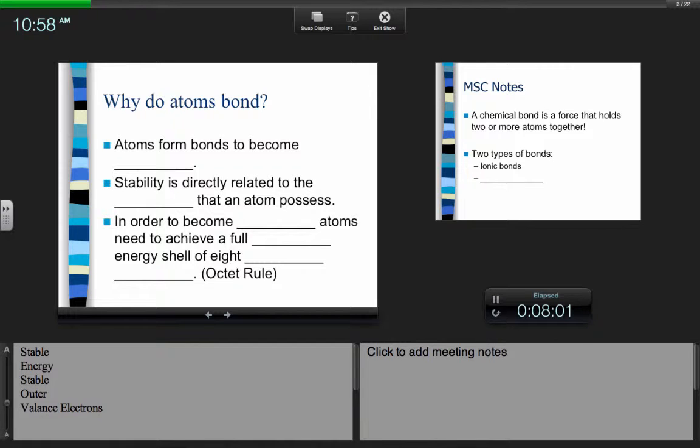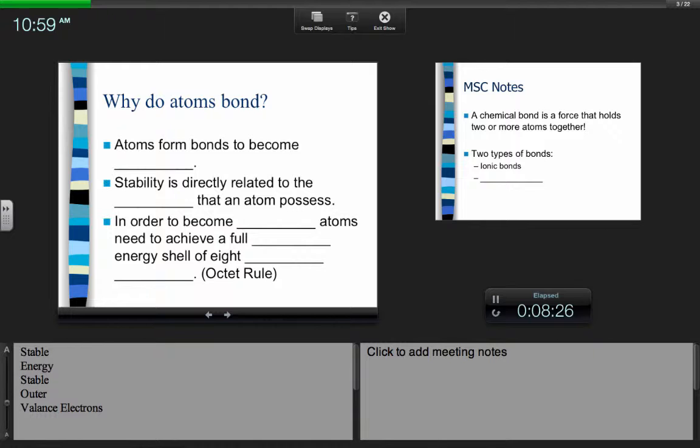Valence electrons. So the whole idea behind bonding is that these atoms are trying to achieve or be connected to 8 valence electrons. For some reason, God has designed it so that these 8 valence electrons give the atom stability and the ability to bond.